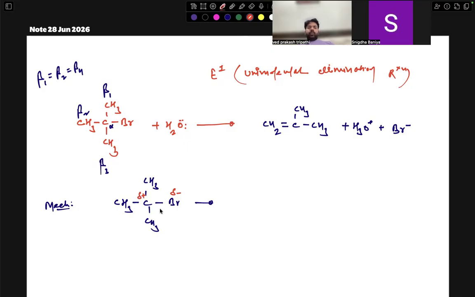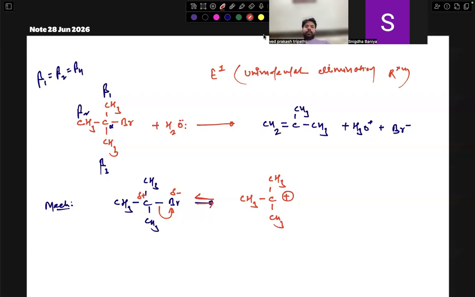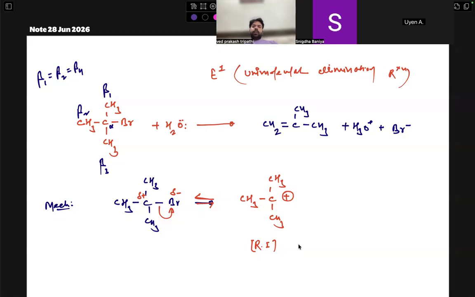So it would break towards bromine. And here we have a carbocation, and this is a reversible step because this is not a good leaving group. So we have this carbocation, the reaction intermediate, and Br minus is my leaving group.